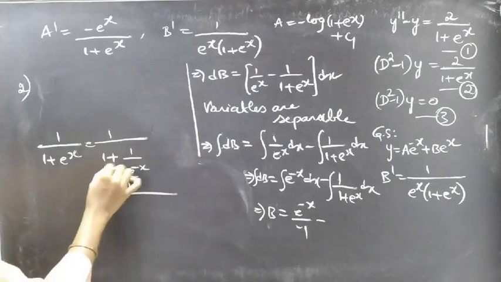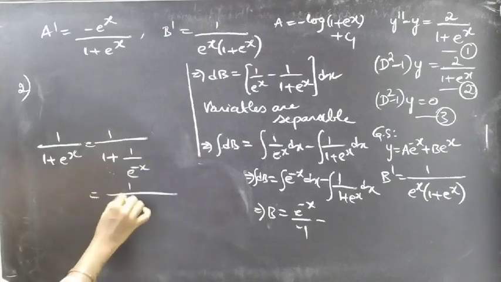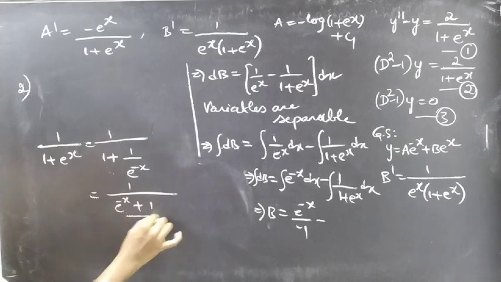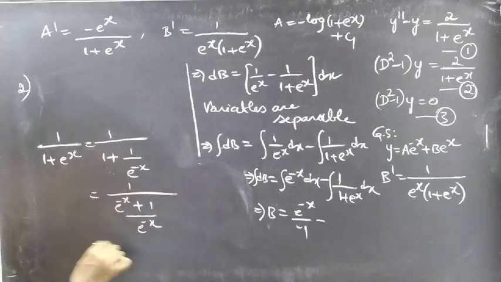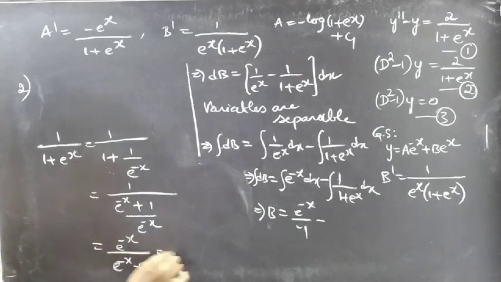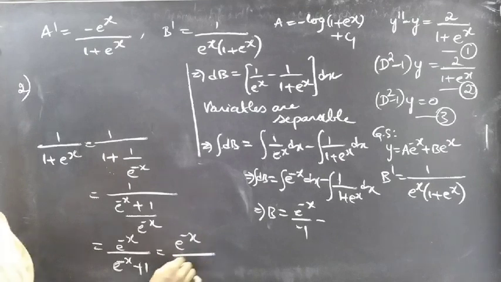Then just take the LCM of these two terms, we'll get e power minus x plus 1 by e power minus x. Okay, we can write it as e power minus x by e power minus x plus 1 or e power minus x by 1 plus e power minus x, right?